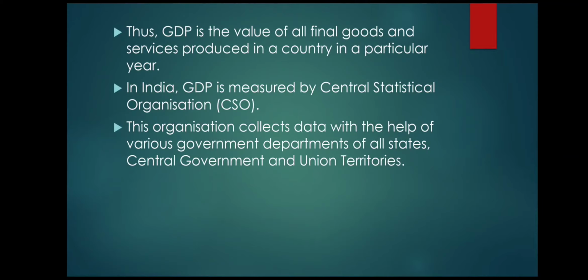So in India, the work of calculating and determining GDP has been given to an organization named the Central Statistical Organization, and this organization collects data from various government offices present at state level or at central level.